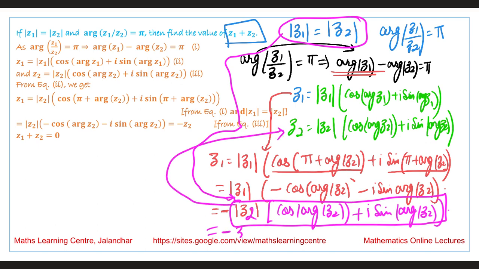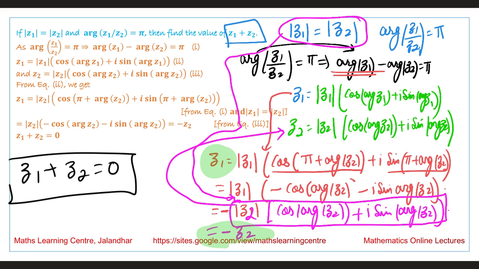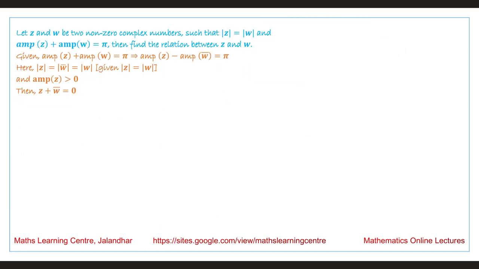So it is minus of z2. Look at these terms: we started with z1 and obtained it is equal to minus of z2. So the final answer we obtain is that z1 plus z2 is equal to 0. So this is the value of z1 plus z2.